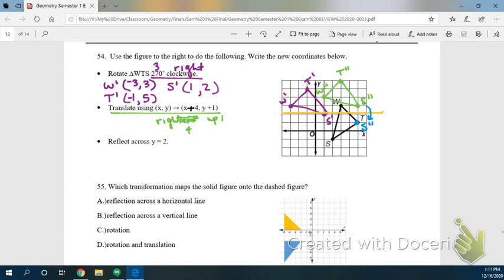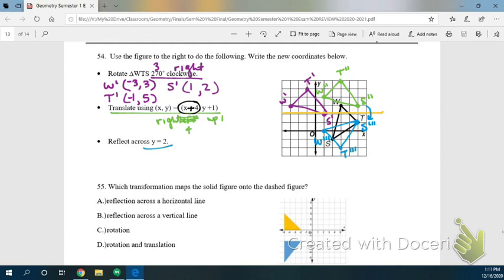My T will be here. And my W will be across, so here. And that's our final one. So make sure you guys make that change with that error that it is x plus 4. Sorry about that.